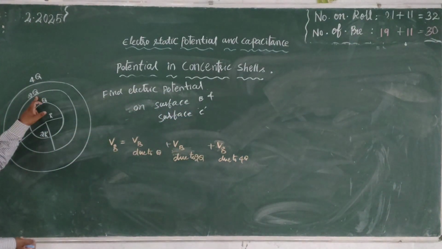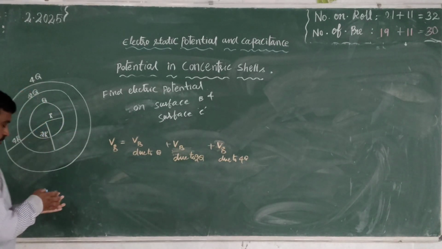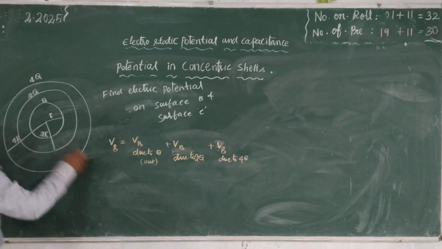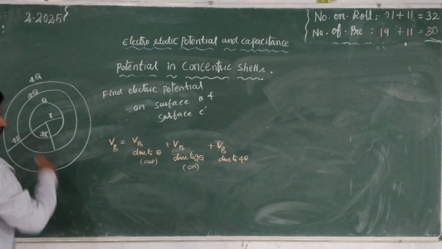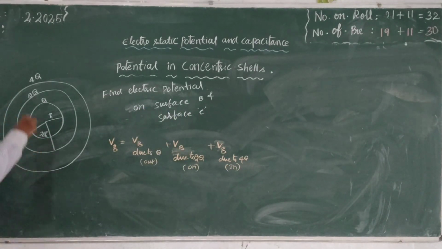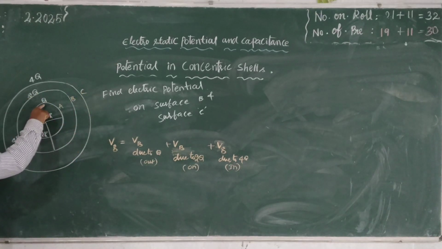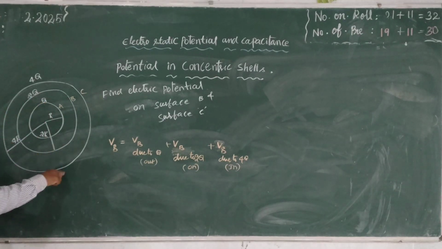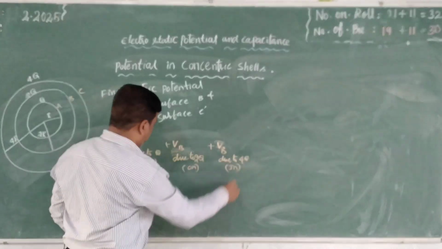Due to q it is an outside point, due to 2q it is on the surface, and due to 4q it is an inside point. Here A surface, B surface, C surface.